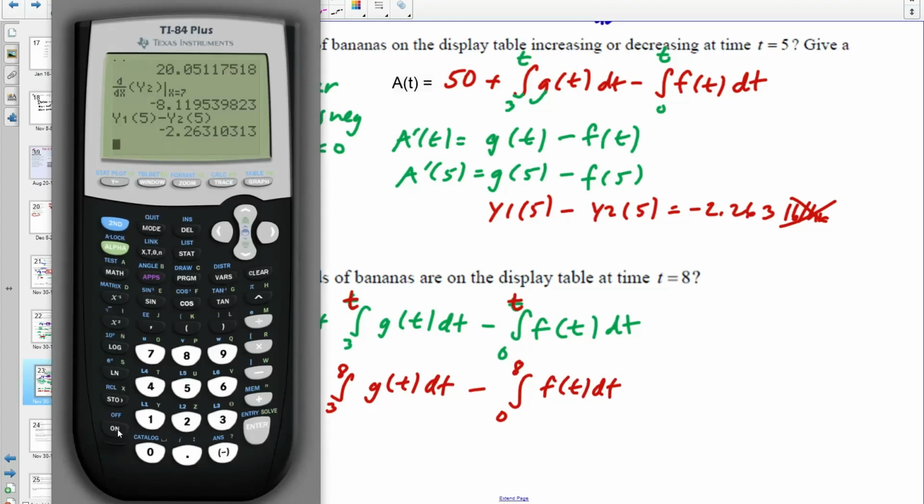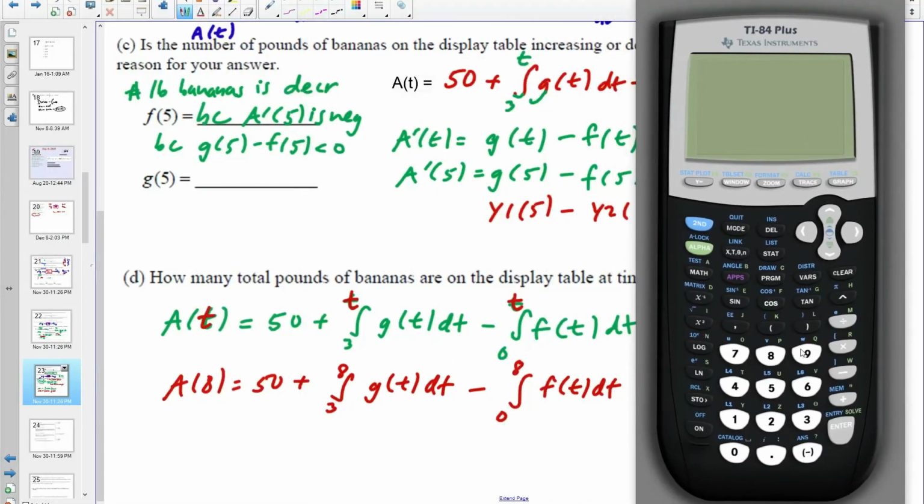Just get your calculator out and put in 50 plus math 9. We're going to go from 3 to 8. Remember our g was Y1, so I'm going to pull my Y1, x, minus math 9, go from 0 to 8.